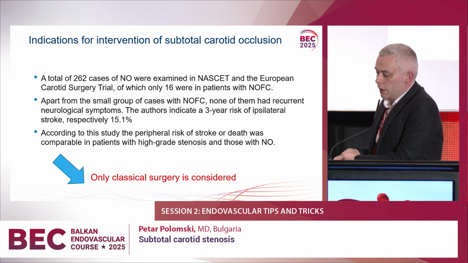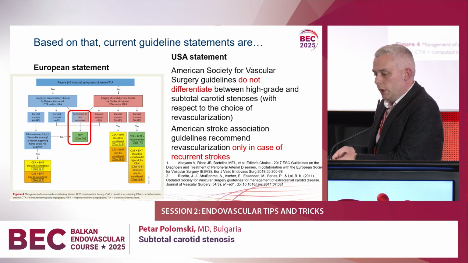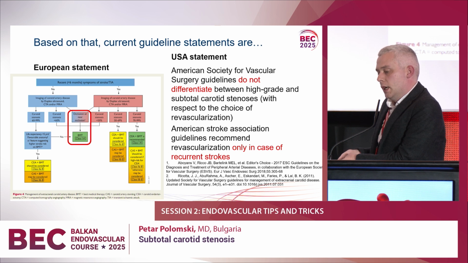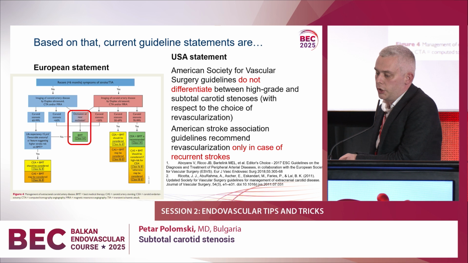and the fact that only classical surgery is considered nowadays, here we can see the recommendations in the European statement and also the US statement. In the European statement, if you have occlusion or near occlusion without recurrence of stroke, or only one incident, best medical treatment is considered with a 1A recommendation.